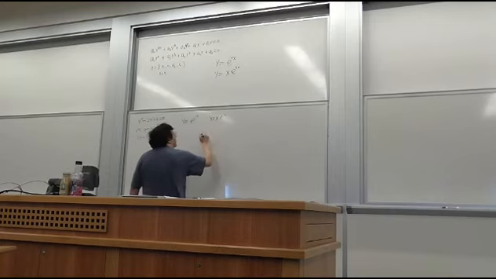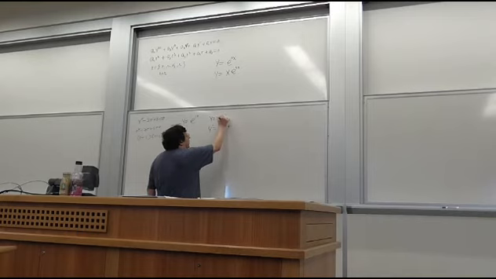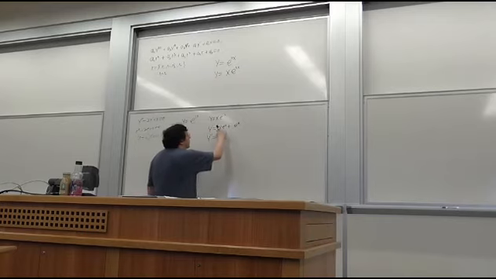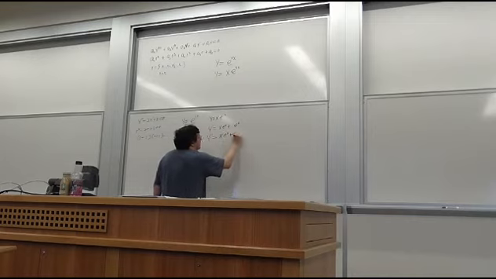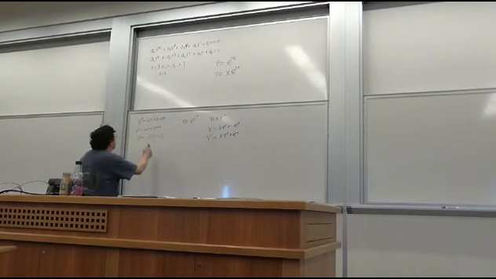So y is x e to the x. y prime equals, okay, x times the derivative of e to the x plus e to the x times the derivative of x. That's y prime. y double prime is, well, the derivative of this is this, and the derivative of this is e to the x. So it's just 2 e to the x's. Now we want to check this solution.